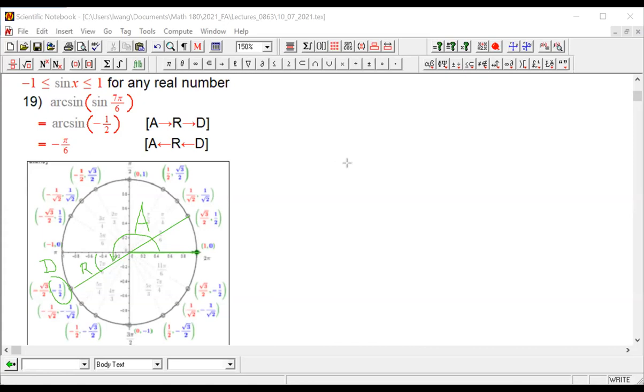It cannot be outside. Sometimes the domain and range are naturally occurring, like in the exponential and logarithm. But the domain and range for ArcSine is mainly imposed. The range is mainly imposed. Are you guys with me? It is imposed, but imposed for good reason.